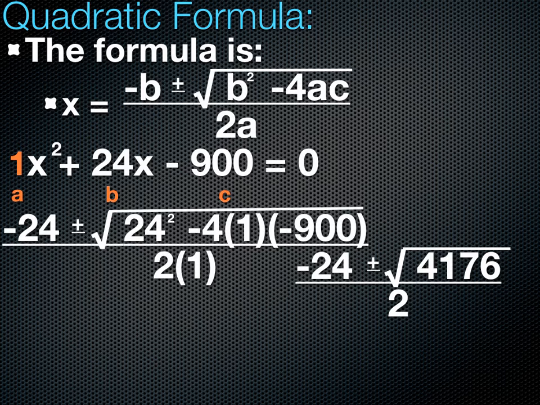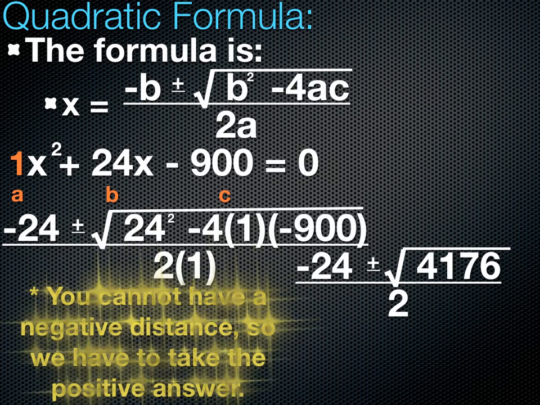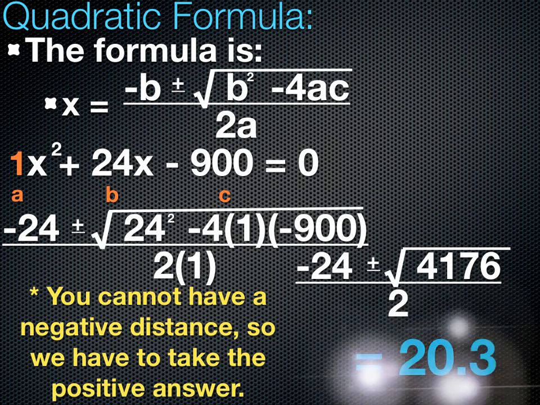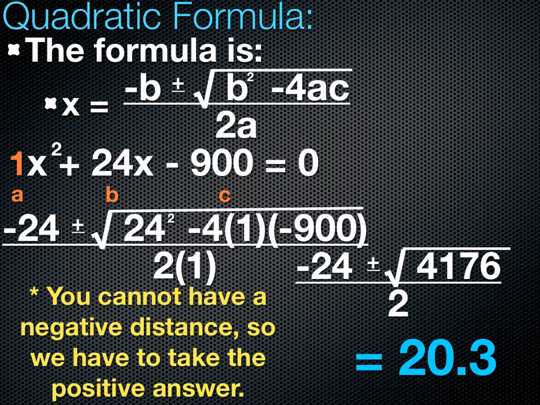And you could also plug in negative 24 minus the square root of 4,176 divided by 2. Because we are trying to find a distance, I'm going to plug both of those in, and the one that is positive is going to be my answer, because we cannot have a negative distance. When I do so, I end up with a positive 20.3.